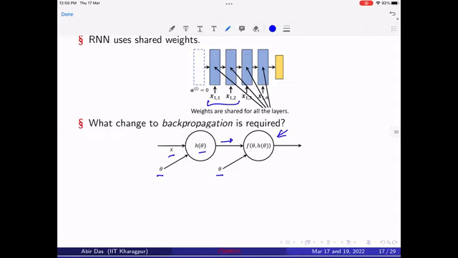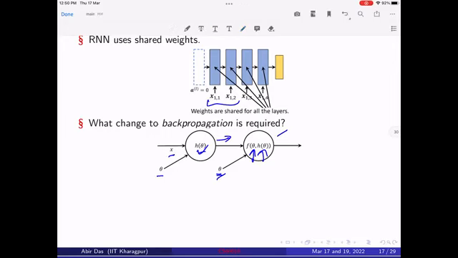So the output of this layer is a function of both the output of the previous layer and the parameters theta. So it is f of h theta and theta, the same theta that is used in both layers. So this gives you a very small recurrent neural network.